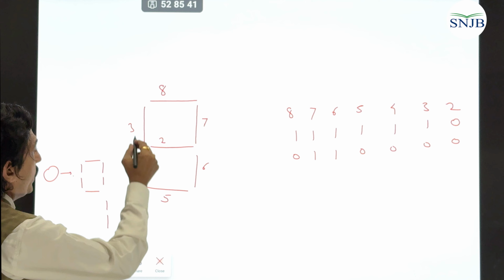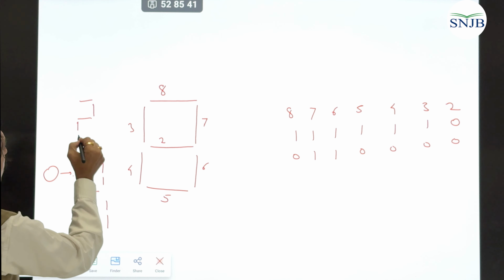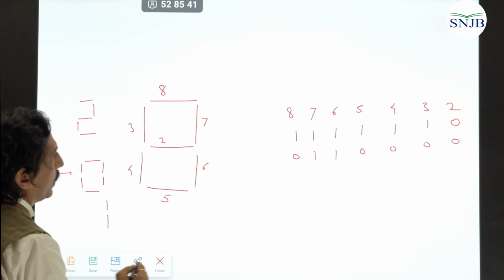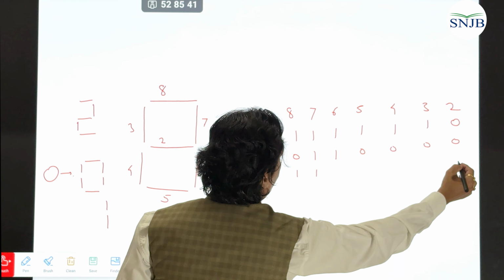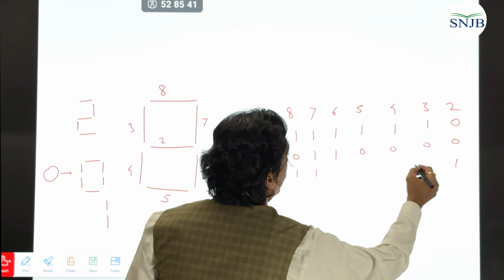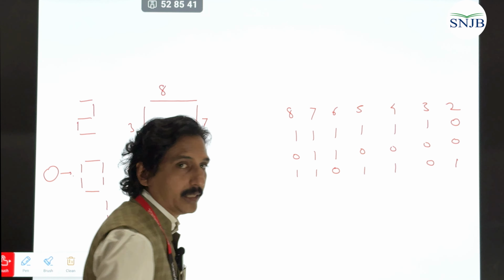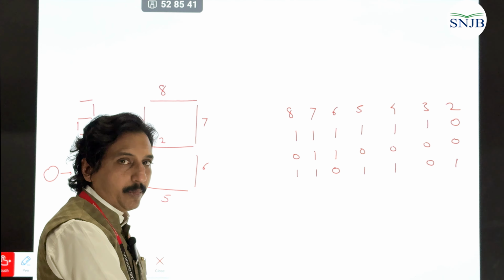When we would like to display 2, in that case 8, 7, 2, 4 and 5 are on and rest are off in this case. So this way you have to write down the table.